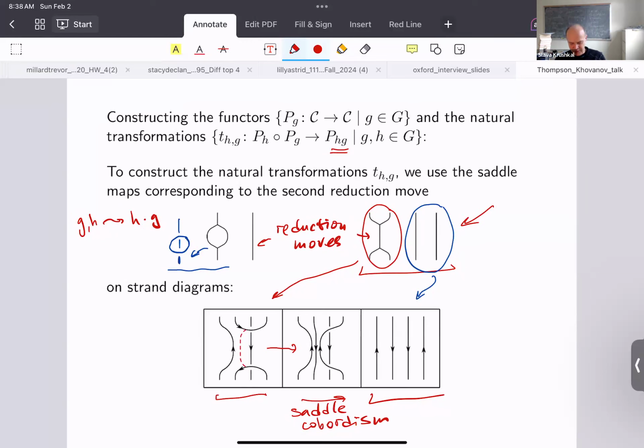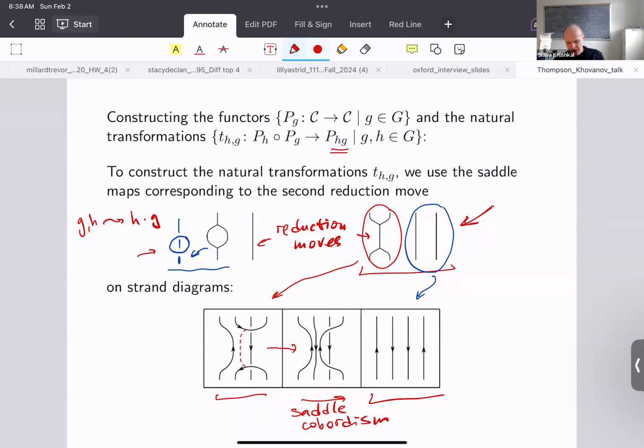So type 1 move is here on the left when you create a trivial circle. And it turns out that if you use both of them, then it's not necessarily a unique composition, that if you do it in different orders, you might get different cobordisms. But if you only do saddle cobordisms and type 2 reductions, there is a unique composition that's independent of the order of these type 2 reductions.